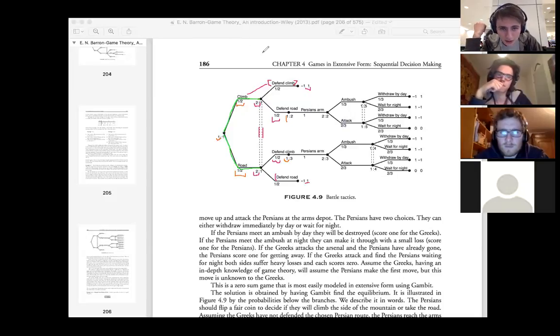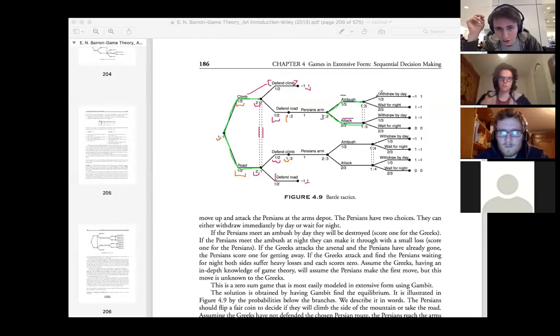And so now Greece will either ambush or attack. We're back at player two. And they put 1/3 and 2/3. And once again, we get to this point where we have to make a simultaneous decision, because at the same time as Greece is deciding to attack or ambush, Persia is deciding whether to withdraw by day or wait for the night. And so they have the corresponding points.